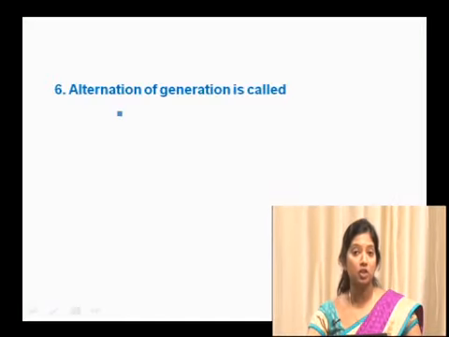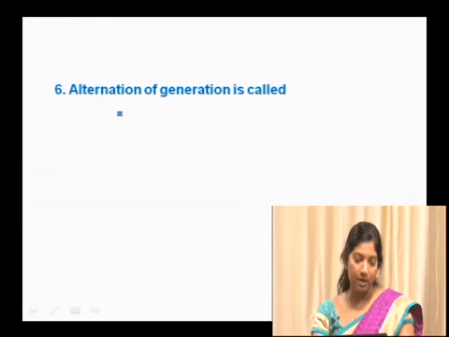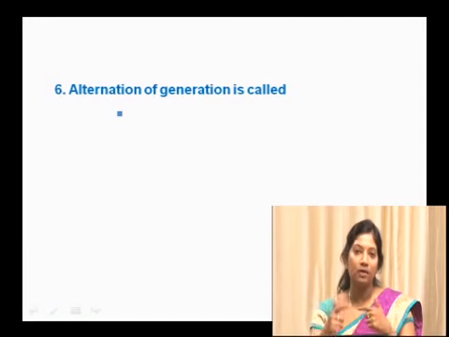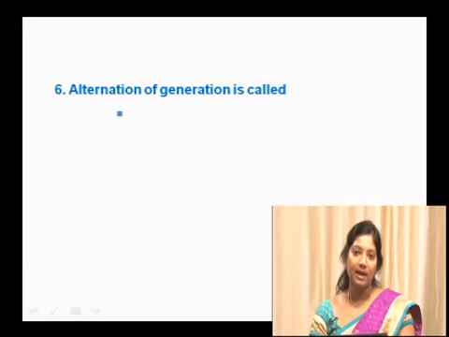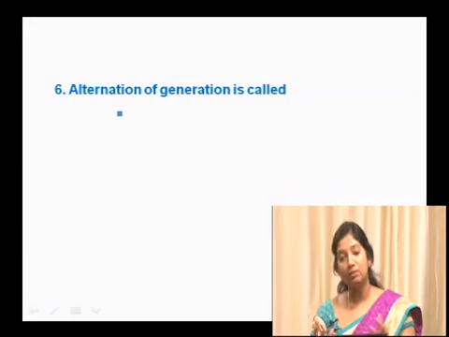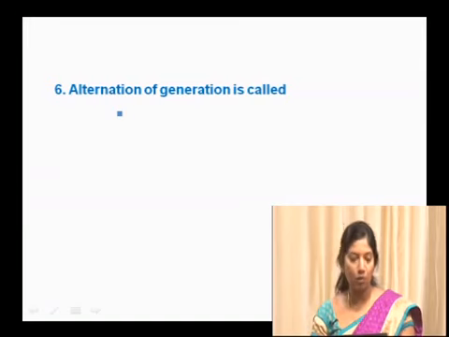Next, alternation of generation. Now, what is this alternation of generation? Students, you know about alternation of generation which takes place in case of plants, wherein you know that diploid and haploid generations, they alternate one after the other. A similar thing happens even in case of animals. Here some organisms, they have different body forms, polymorphic what we say.